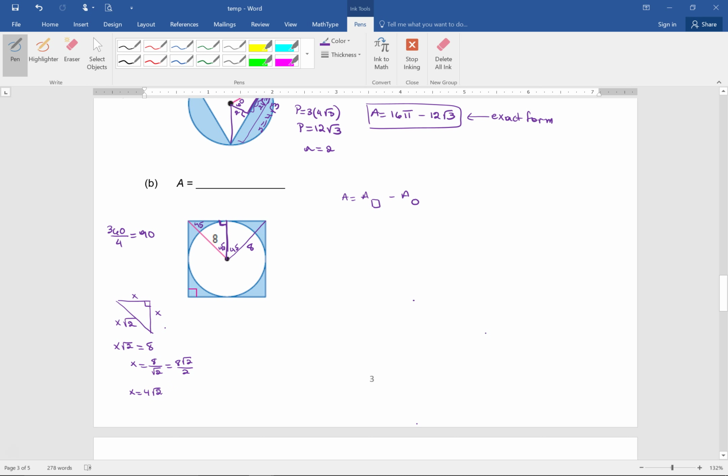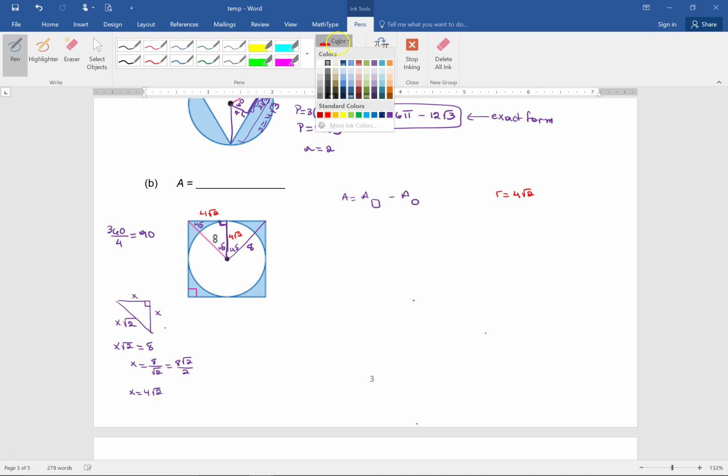So now, check this out. This is 4 root 2. This is 4 root 2. I did just kill 2 birds with 1 stone. Because what is this vertical side? That's the radius, right? So now I just found out that my radius is 4 root 2.